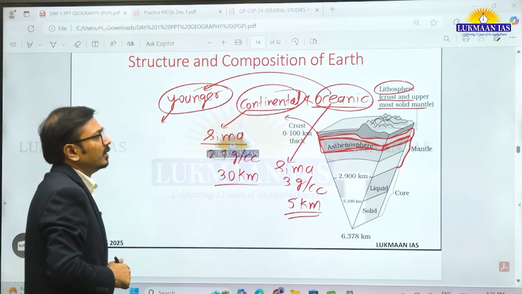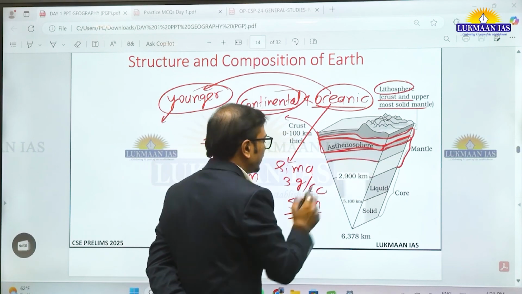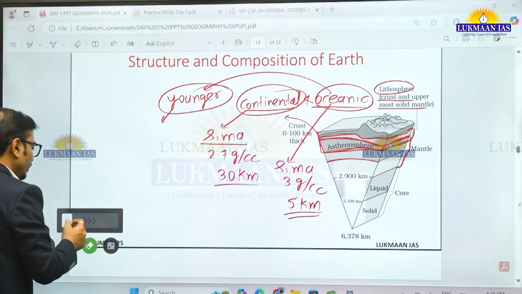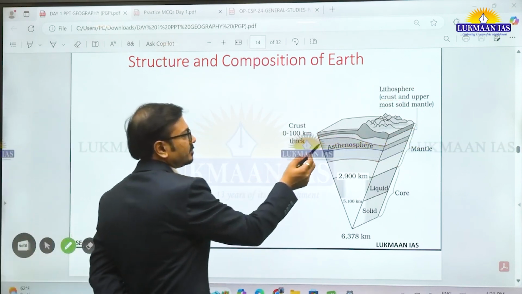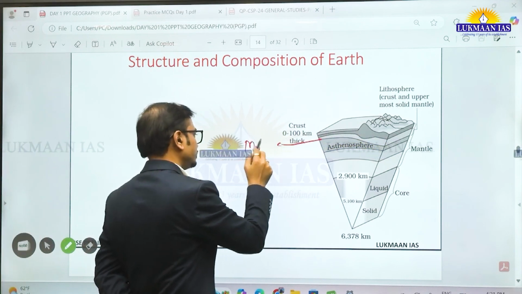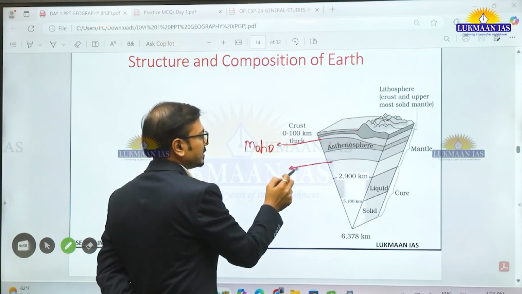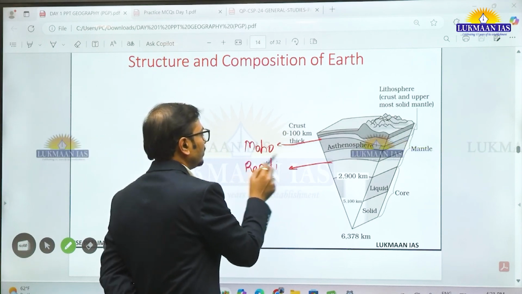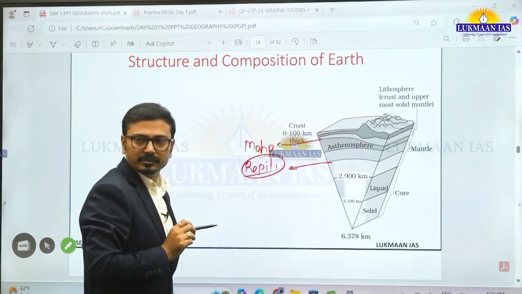All right. So thereafter, what is this discontinuity, upper mantle and lower mantle? The crust and mantle, it is Moho, and upper mantle and lower mantle it is Repetti. Okay, this lower mantle and this part is solid in state.